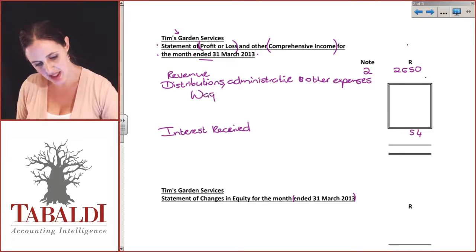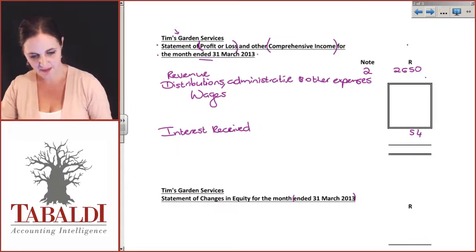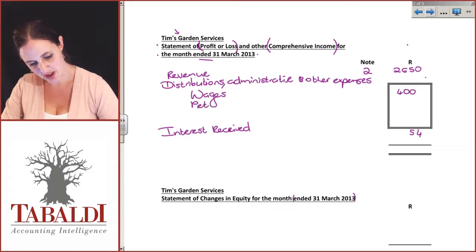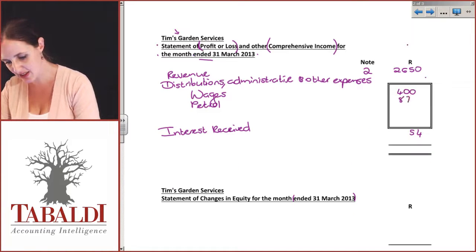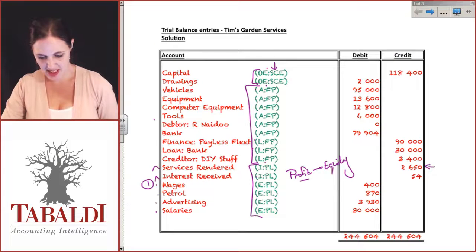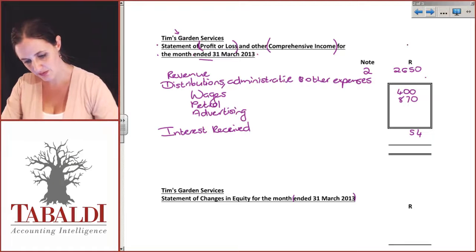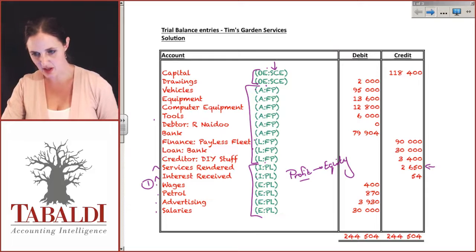We had wages, and our wages was 400. We have petrol, and if I'm not mistaken, that was 870. We have advertising at 3930, and we have salaries at 30,000.